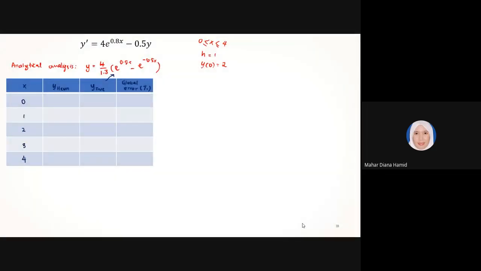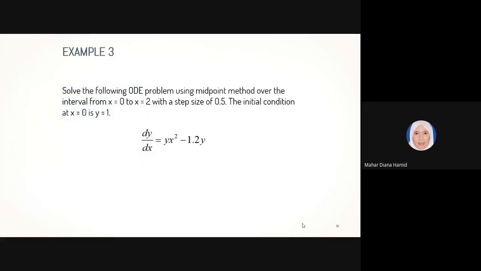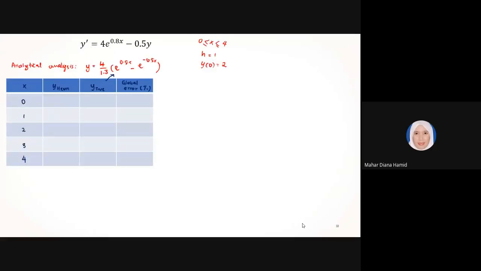So we are going to use the similar function that we have done in example 2. For example 3, you can try to do it yourself at home. So we are going to try to do example 2 using the midpoint method.